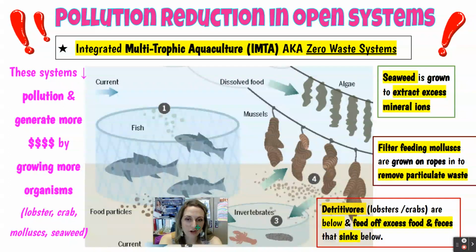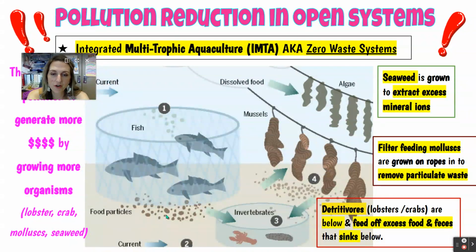If we start with our fish, they are going to have excess food particles and fecal material. Our crustaceans and detritivores will be able to eat that. Excess food, excess feces, any extra minerals floating throughout the water will be taken in by the algae on this top rope and then used to assimilate into the biotic cycle through photosynthesis.